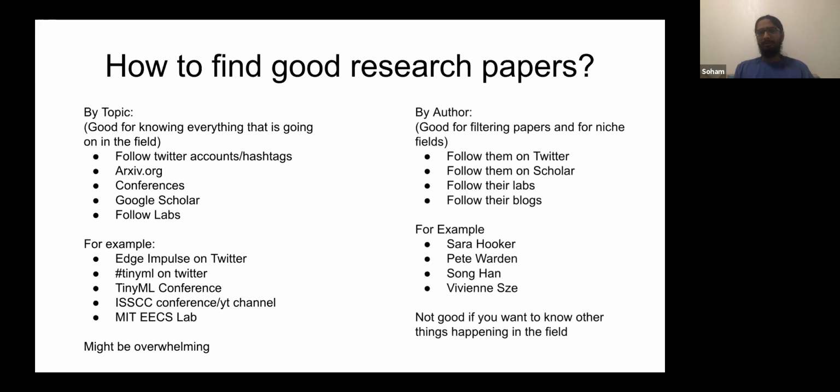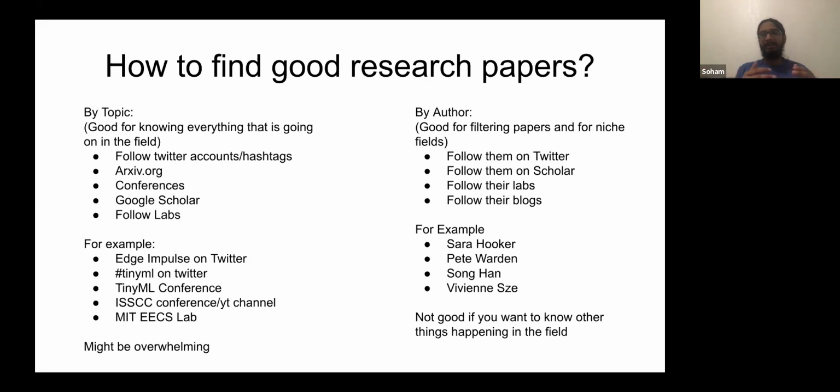And the other way is to find papers by author, and this is good because oftentimes authors only work in niche areas in fields, so it's really good for filtering papers. You can follow authors on Twitter, or you can follow them on Scholar. You can also follow an author's lab, especially if they're a professor.